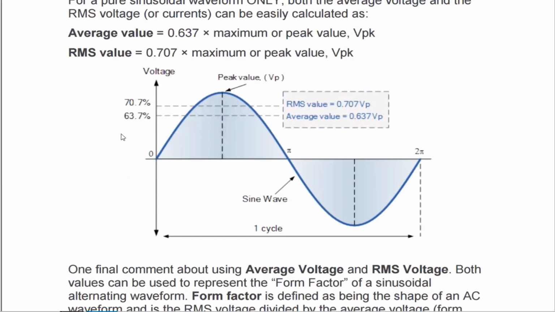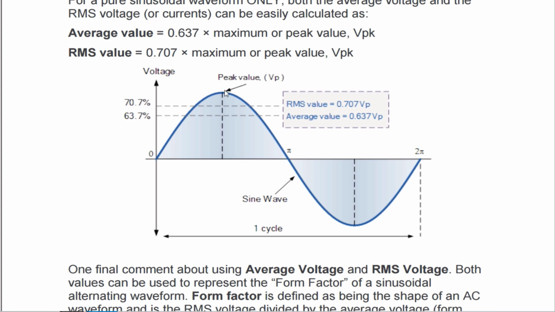Now, looking at these two, average value and RMS value. In this picture, you can see this RMS value is 70.7% and average value is 63.7%. Okay, so these two levels have been shown.